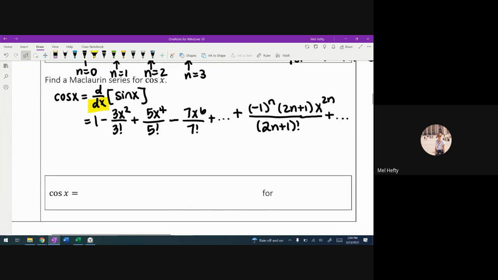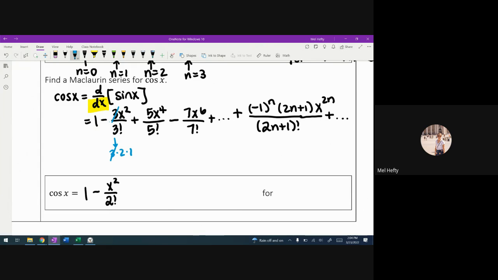All right. So let's think about what's going to cancel here. What is 3 factorial? Could you list out the numbers for me? 3 times 2 times 1. So would you agree with me the 3's would cancel here? All right, so I'd be left with 1 minus x squared over 2, I'm just going to write 2 factorial. A lot of these have had factorials in them.